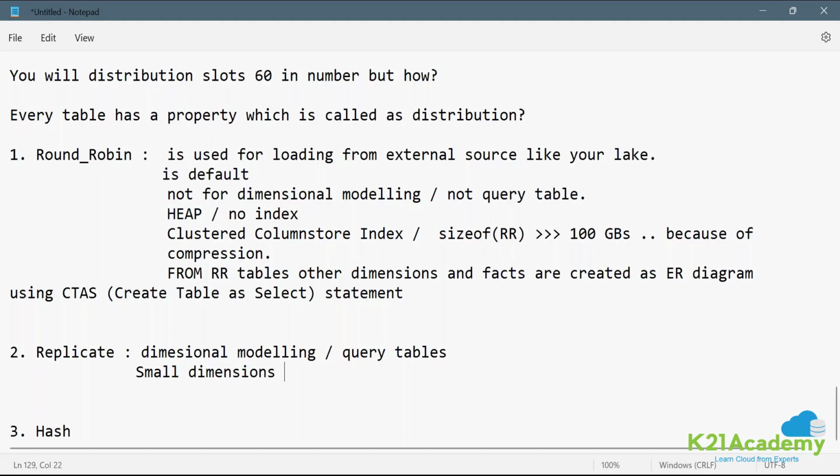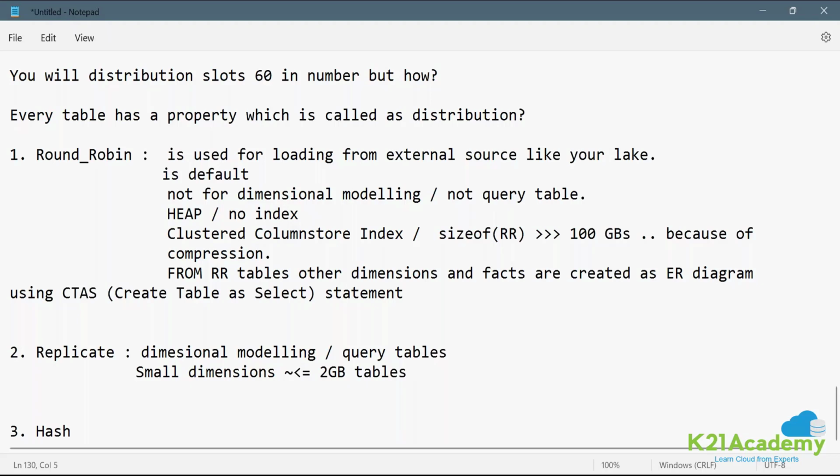Approximately 2 GB in size. Table cannot be more than 2 GB. General recommendation, it is approximately less than or equal to 2 GB. Very small tables, very small dimensions. Small dimension table. How small? Less than 2 gigs tables.